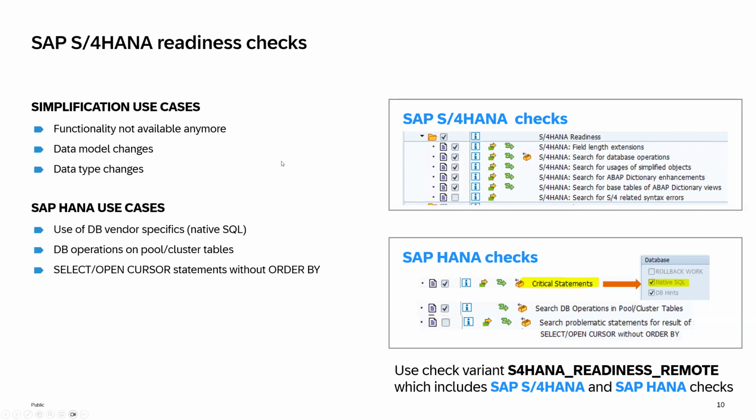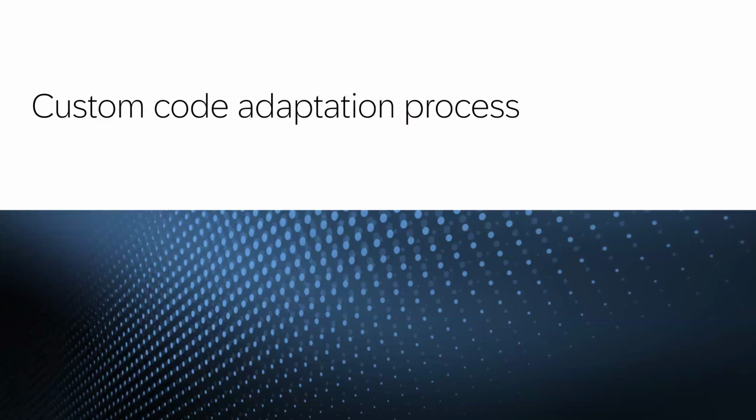And this check detects if your custom code uses the database vendor specifics like native SQL, detects the usage of database operations on pool and cluster tables in your custom code because these operations were removed in S/4HANA, and also detect if your custom code uses select or open cursor statements without order by.